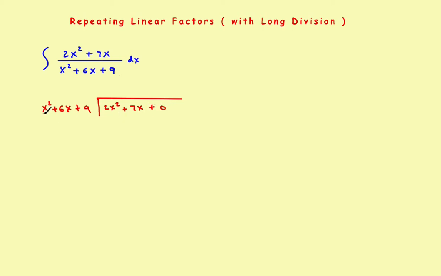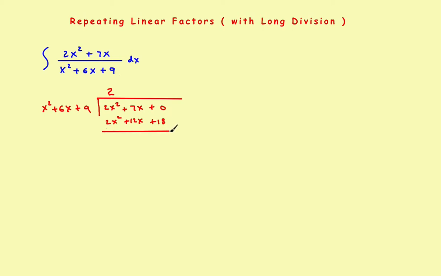To divide this, using your algebra rules, ask yourself, what do you have to multiply x squared by to get 2x squared? You have to multiply it by 2, so you have a 2 right here. Then 2 times this gives you 2x squared, then plus 12x, and finally, 2 times 9 gives you plus 18.